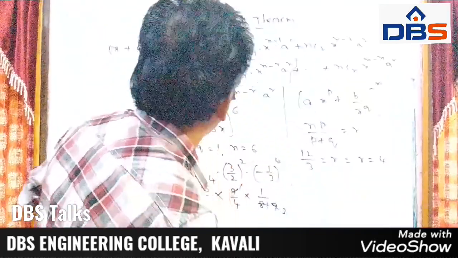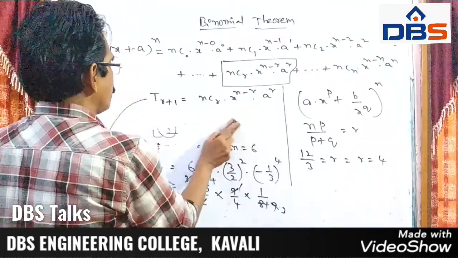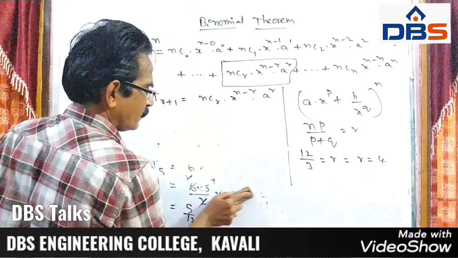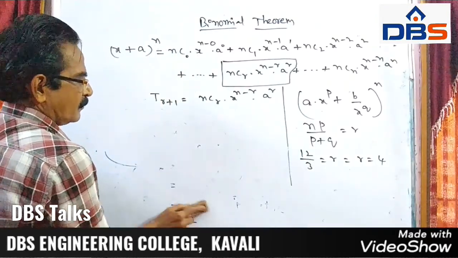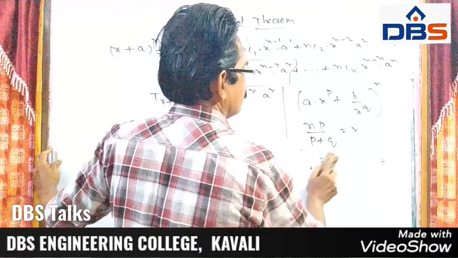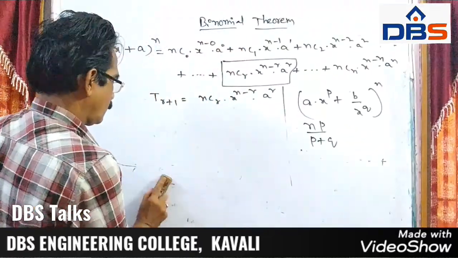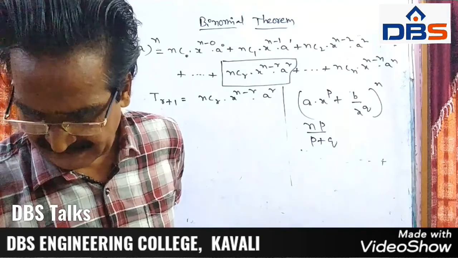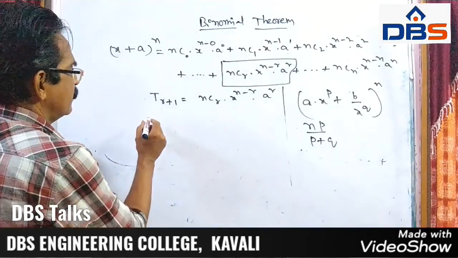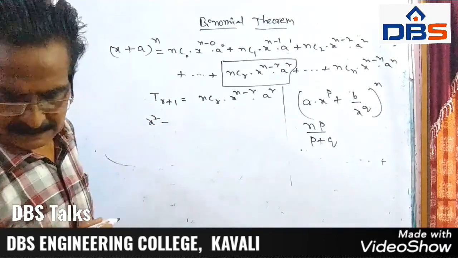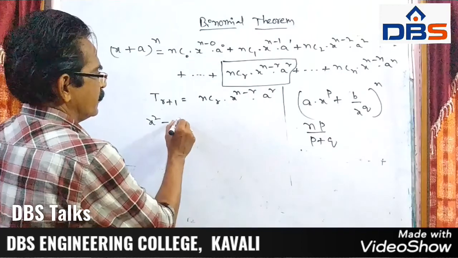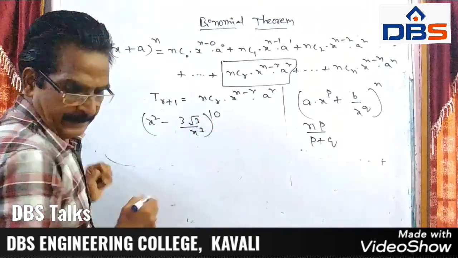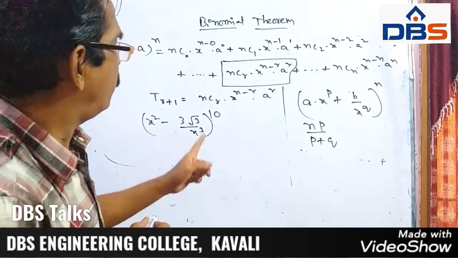Okay, friends, let us see one more problem. The term independent of x in the expansion of (x square minus 3 root 3 by x cube) whole power 10.